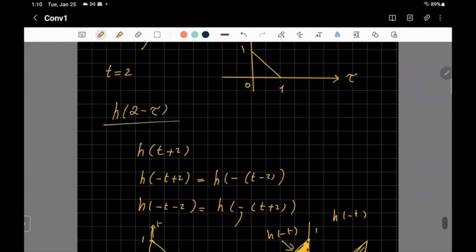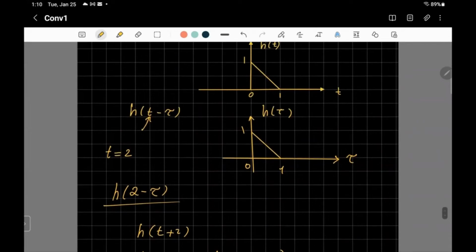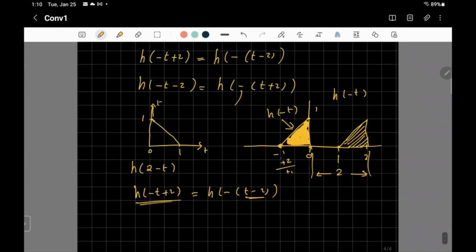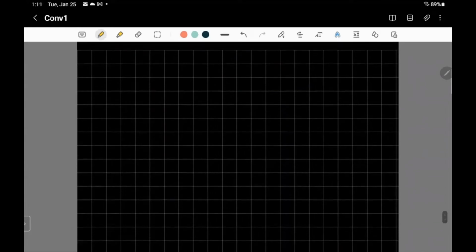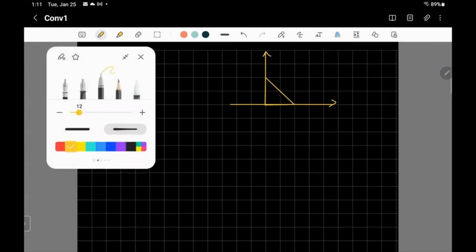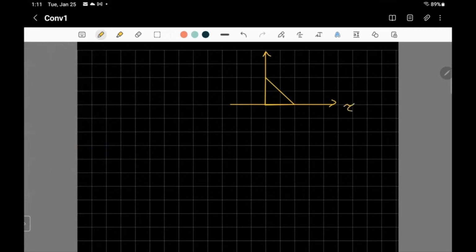I want to do now h 2 minus tau. And now I'm dealing with tau. Let me sketch it again. That's the original signal. But now I'm using tau, and that's h of tau, and that's 1, and that's 1.